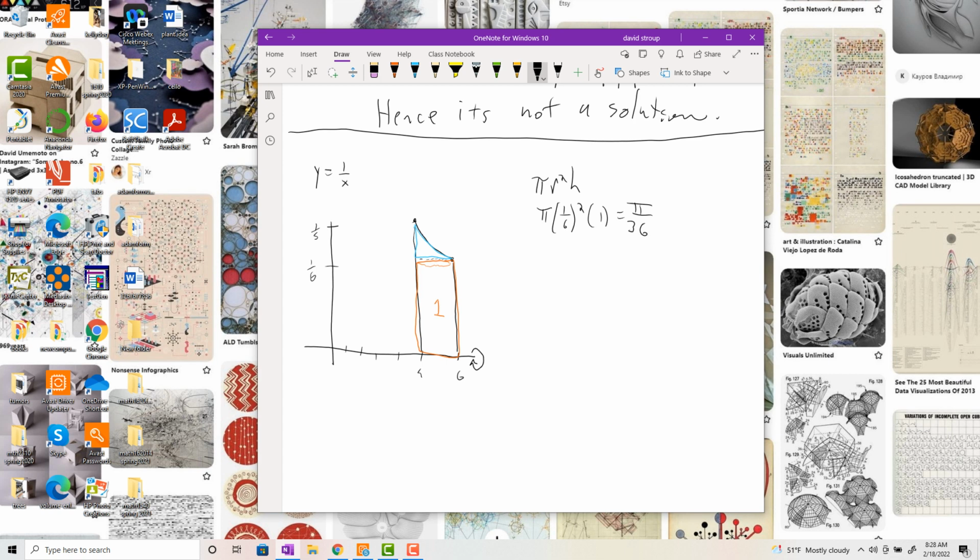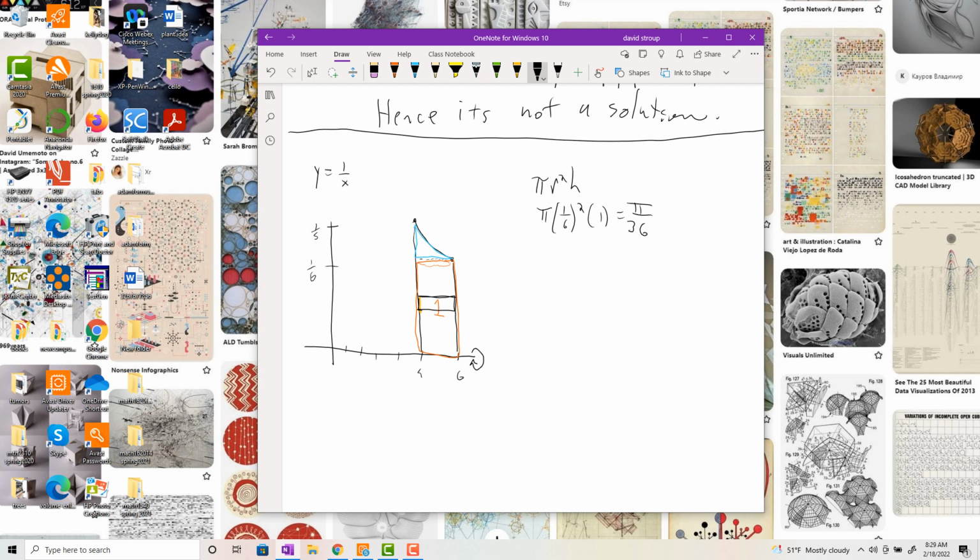So when you do rotate it, we're in the shell category right now. In the shell category, you are dealing with parallel rectangles like this. For shell, you need two pieces of information.